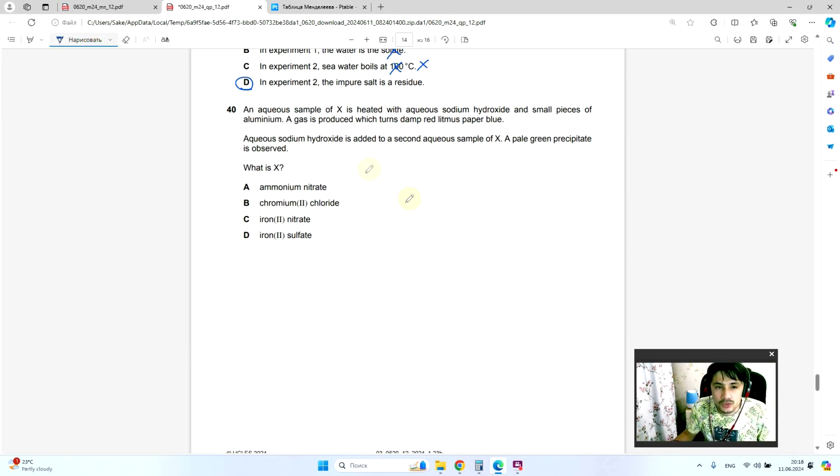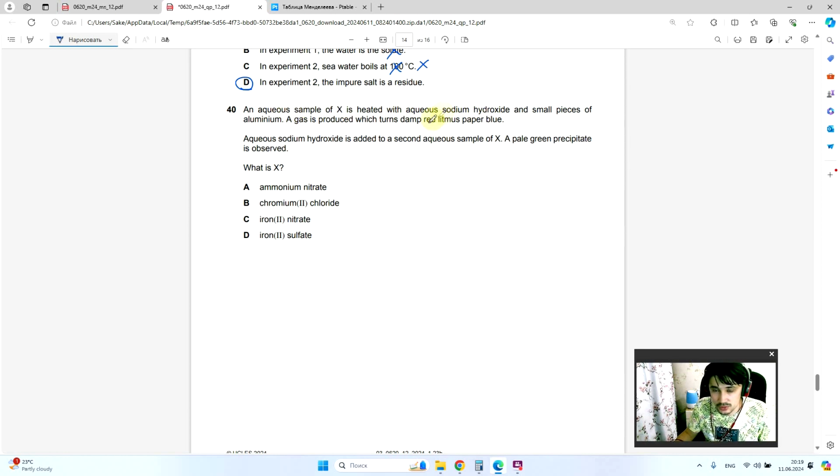Okay, and the last question. An aqueous sample of X is heated with aqueous sodium hydroxide and small pieces of aluminium. A gas is produced which turns damp red litmus paper blue. Then aqueous sodium hydroxide is added to a second aqueous sample of X. A pale green precipitate is observed. What is X? This is a description for cation and anion tests.